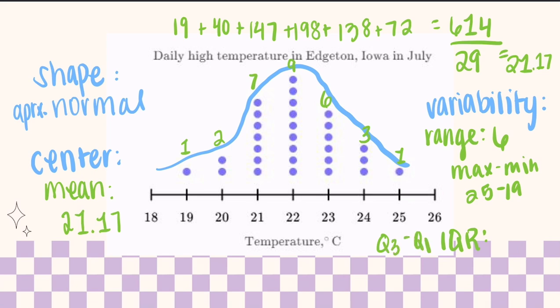Now we need to find Q3. To find Q3, we first need to find the median, and then we find the median of the minimum and the median, and the median of the median and the maximum. So let's find the median first.